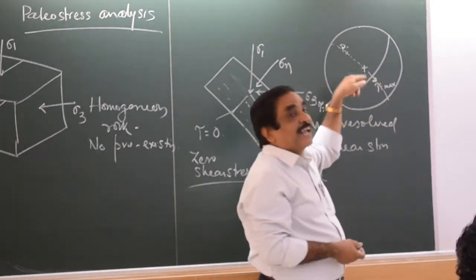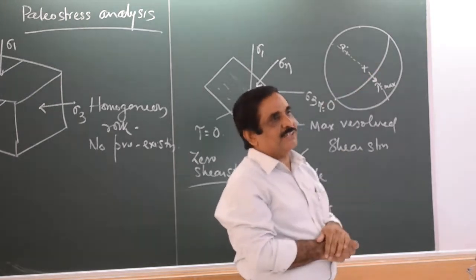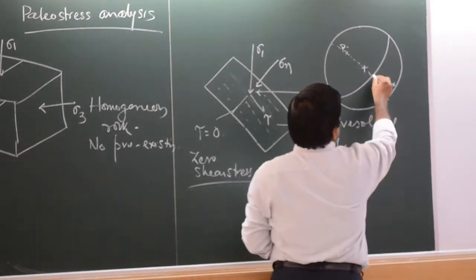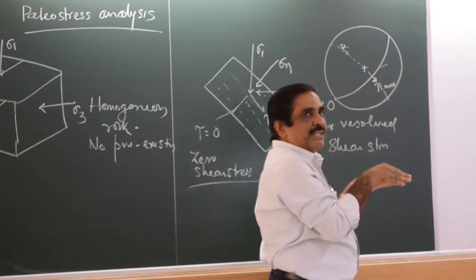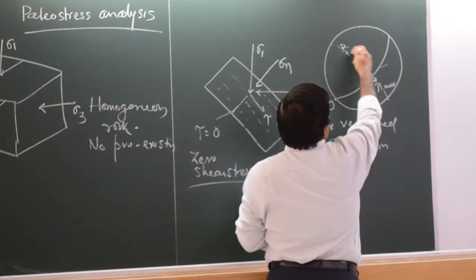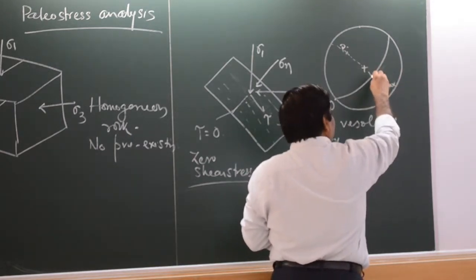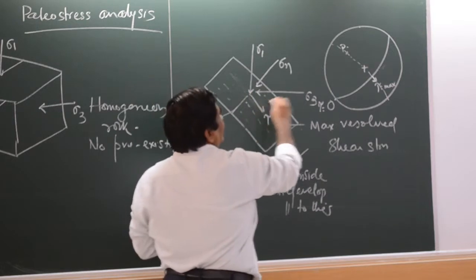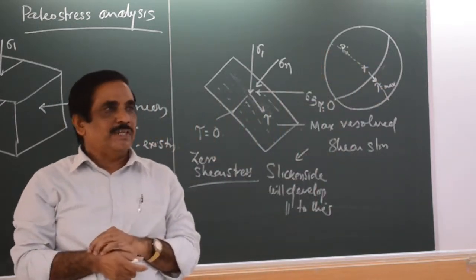If it is a little inclined, it will not pass through the center. Inclined means it will have a pitch. If it is down dip, then it has to go through the center and pass through like this. Understood up to this point?